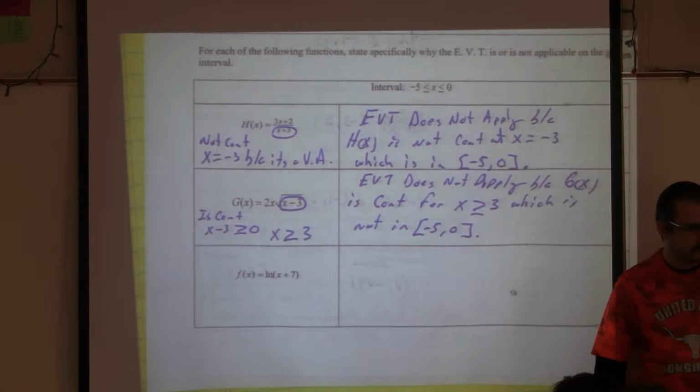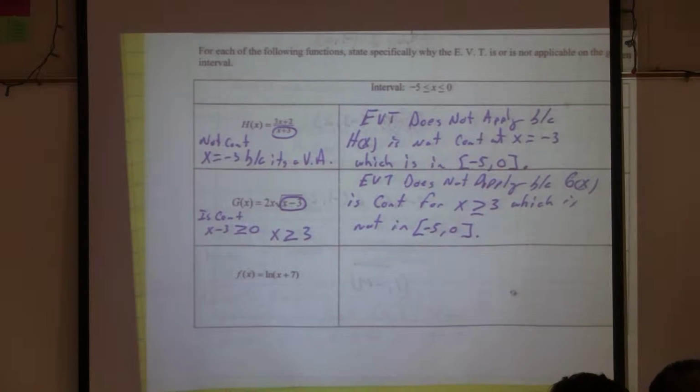You just state that it's not continuous from -5 to 0? Yeah, I just want to be more specific. How about the last one?